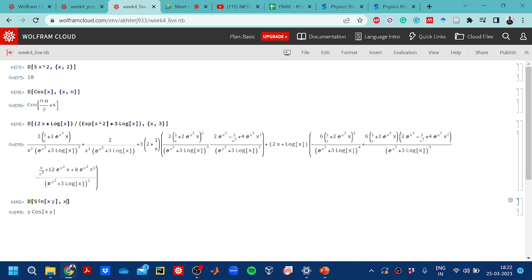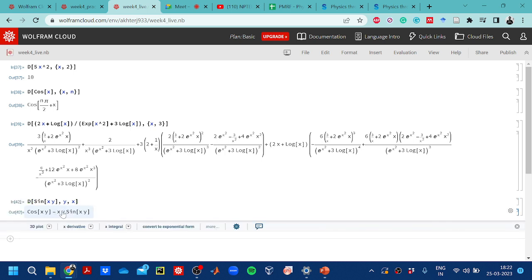Similarly, you can calculate its derivative with respect to y also, and then it will assume x as a constant, and x will be outside. And you can do this derivative with both the quantities, like a double derivative. So it will give us this here.